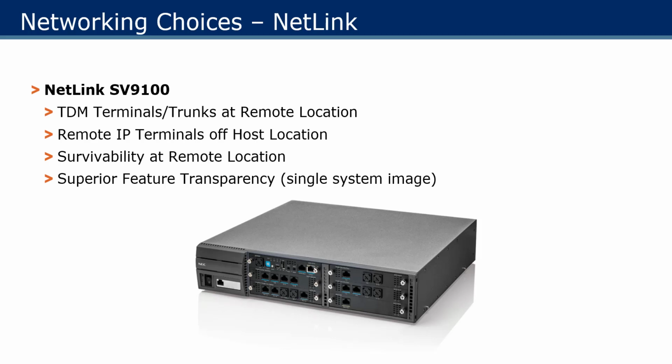And no matter how many SVs you've got altogether, providing they are all the same CPU. So to have Netlink, all the sites need to either be a CP20, which is the latest and greatest, which they should be, or even if all of them were CP10s, we can Netlink them. But again, I would encourage you to upgrade the customer to the latest and greatest. So you have to have the same CPU. Vital, okay?